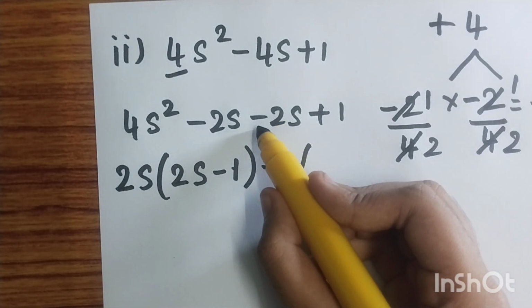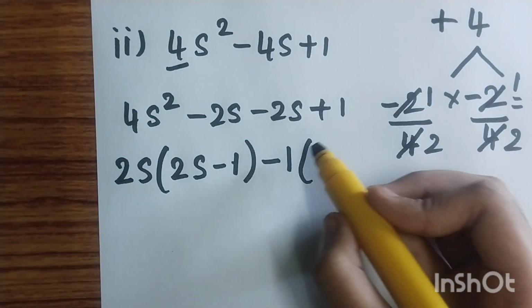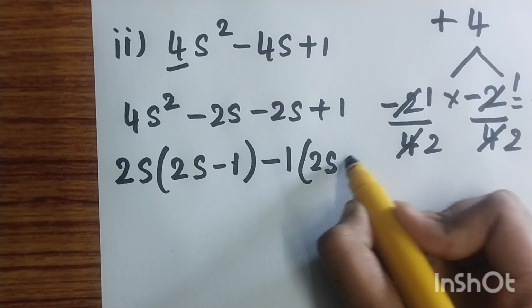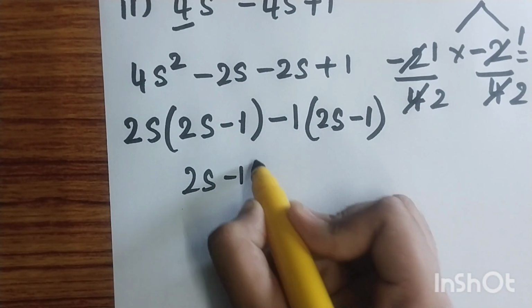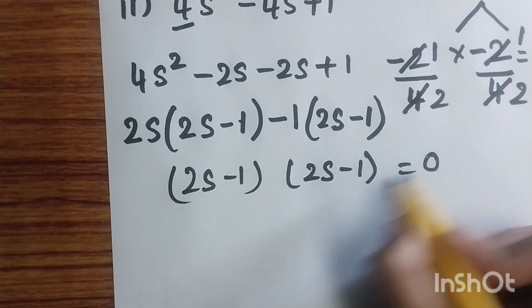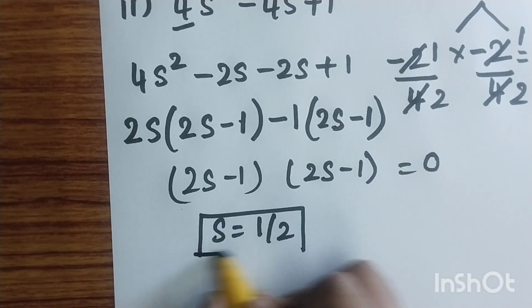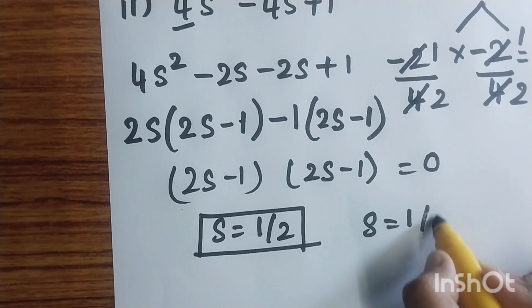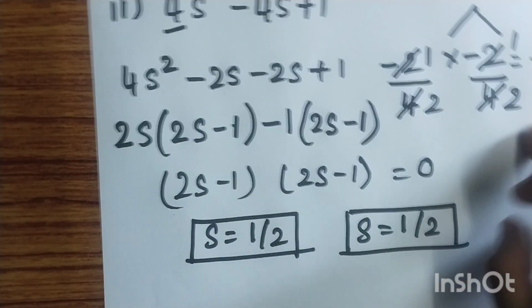If I take the minus common out, then what is the opposite of minus? It is plus, right? So plus 2s minus 1. So 2s minus 1 I have to group, and here 2s minus 1, which is equal to 0. So s is equal to plus 1 by 2, and here s is equal to plus 1 by 2. Either you can do like this or like this.